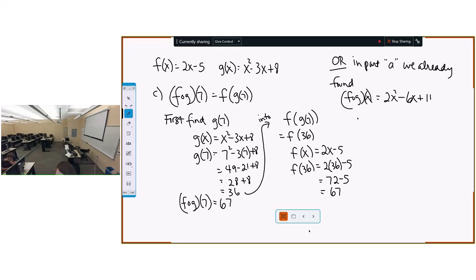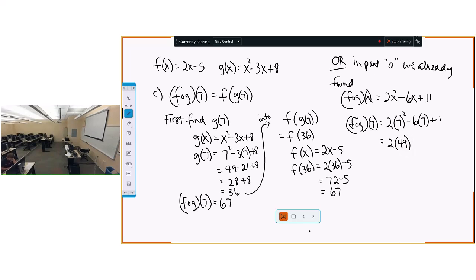So then we could just do f of g of 7, we just plug a 7 in as the input to there. So that's 2 times 7 squared minus 6 times 7 plus 11 equals 2 times 49.